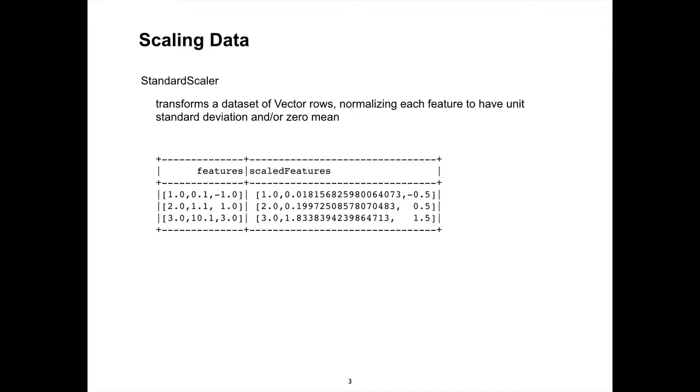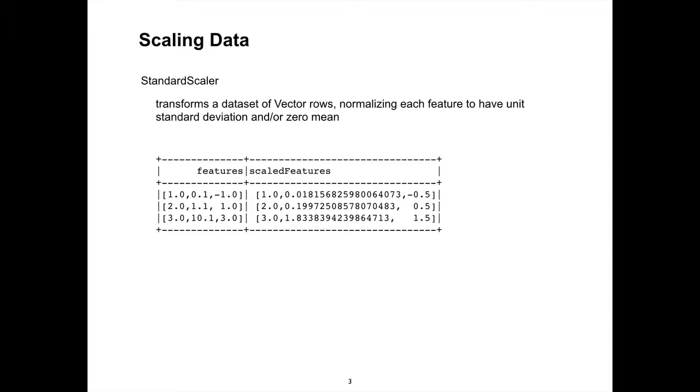So it becomes important to have a uniform scaling. And so there is a standard scaler. What it does is that each feature is going to have standard deviation 1, and then you can set whether the mean is 0 or not. And by feature, they mean column here.